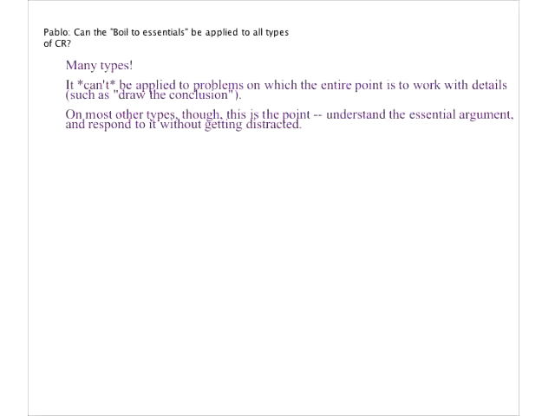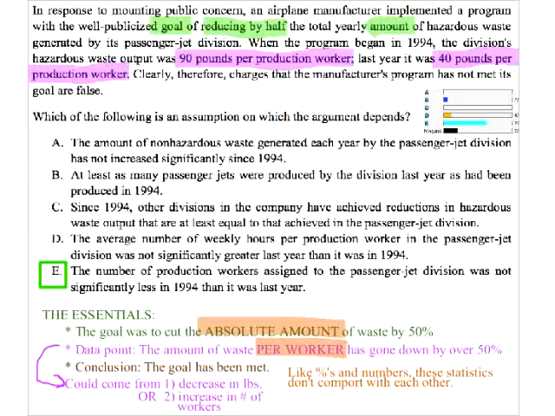So yeah, it's a good point. This is pretty much the type of reasoning that you need anyway on most critical reasoning. The statistics just happen to be a lightning rod for this kind of reasoning in the first place.